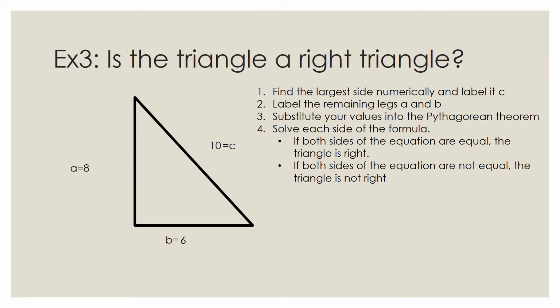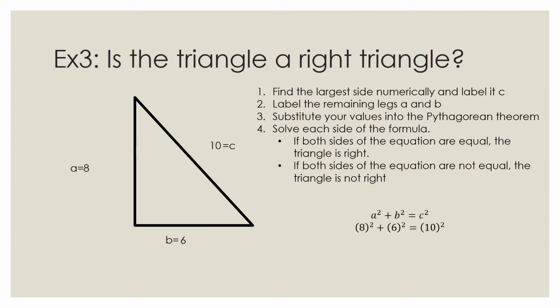If we solve each side of the formula, it will tell us whether or not this triangle is a right triangle by the equivalency. If each side is equal to each other, it is a right triangle. If each side is not equal to each other, then it is not a right triangle. So a squared plus b squared is equal to c squared.